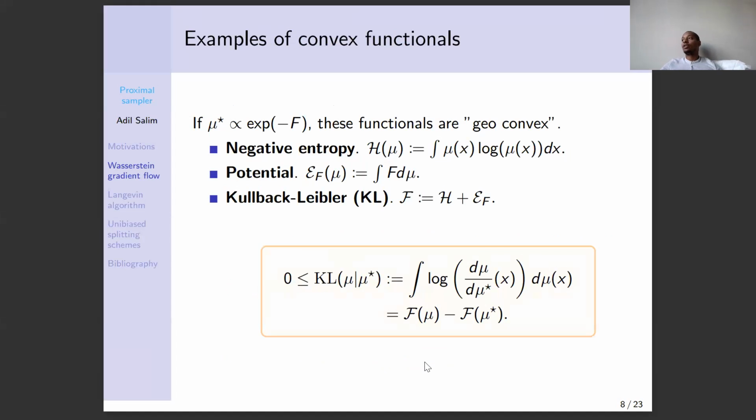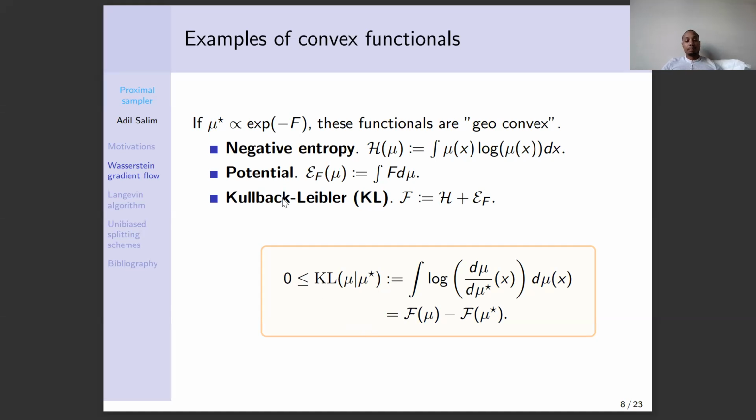In particular, it's a geodesic space, and because it's a geodesic space, we can define geodesics over this space, and we can define a notion of convexity with respect to the geodesics. I won't define what is geodesic convexity, but basically there's a notion of convexity for functionals defined over the Wasserstein space, and there are some important functionals that arise in practice, which are geodesically convex.